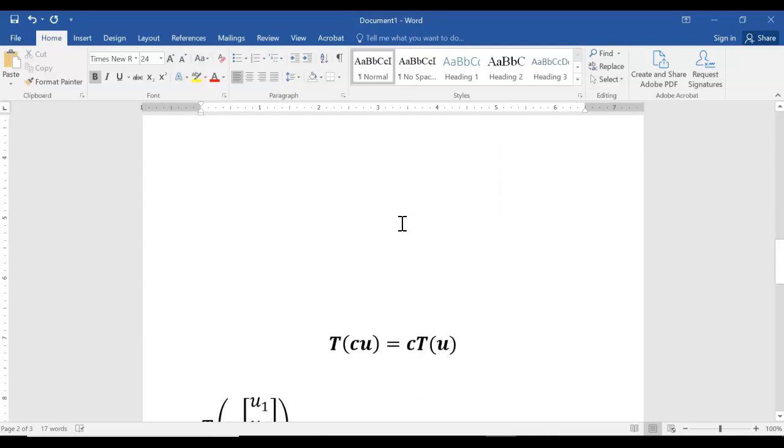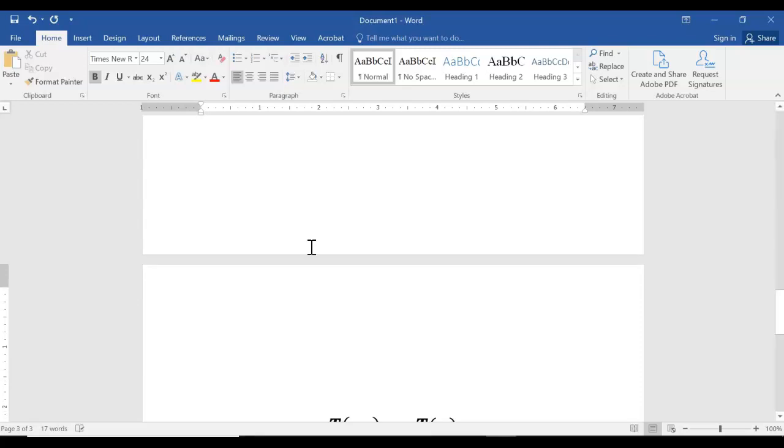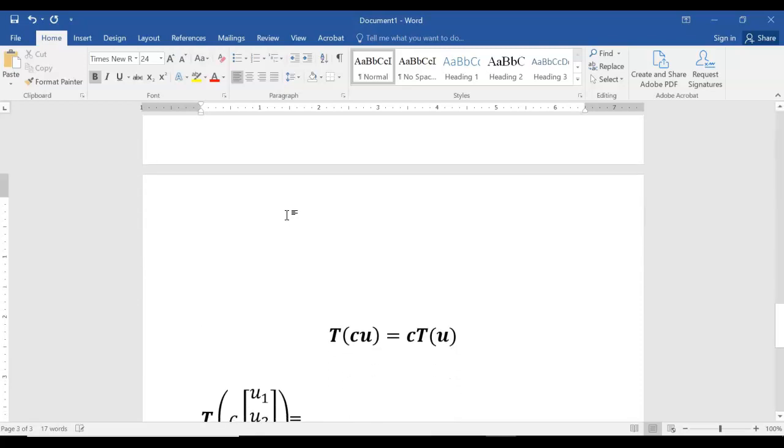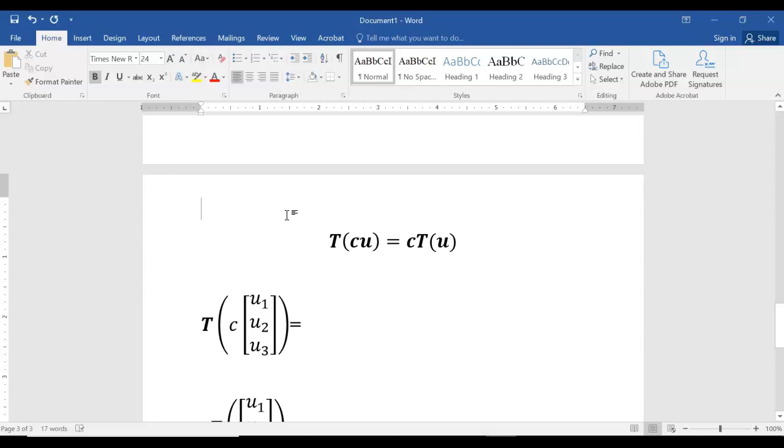If I have to show that the other property holds true, I'll do this on a new page. The other property was taking a constant times an arbitrary vector before and after you apply the transformation and seeing that it works.